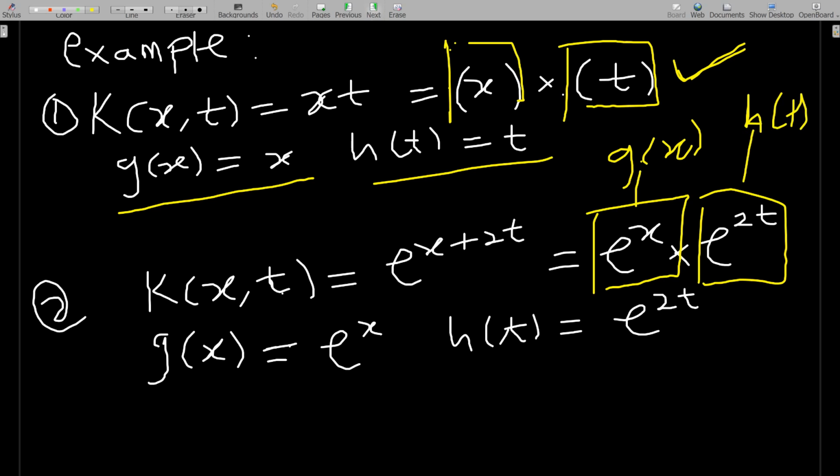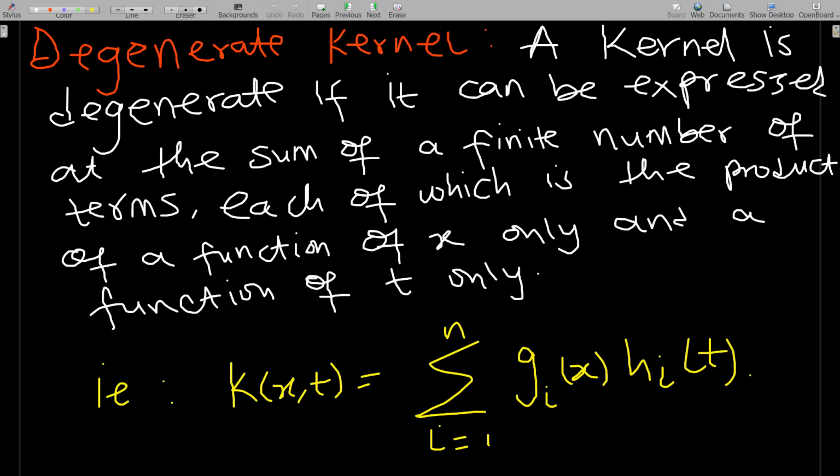Let's pick the other type of kernel, the degenerate kernel. A kernel is said to be degenerate if it can be expressed as the sum of a finite number of terms.